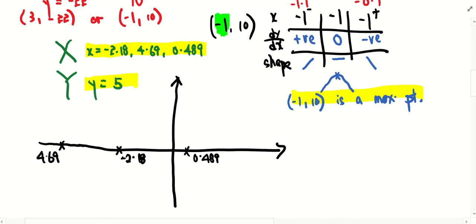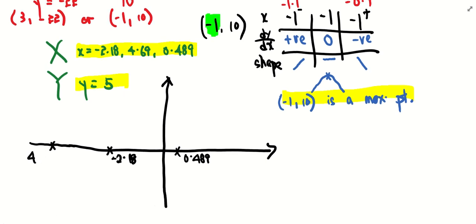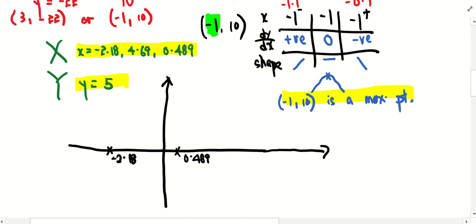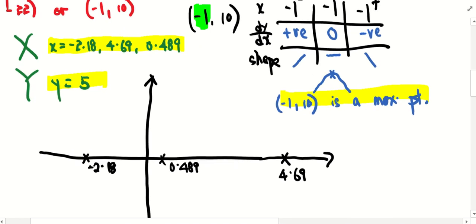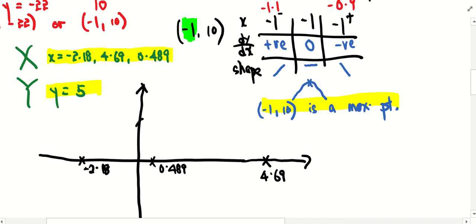Oh, sorry, positive. On the other side, I must draw the other side longer. Sorry, let me finish up. 4.69. Okay, y is equal to 5. I just draw y equal 5 here. A bit stingy, but never mind.